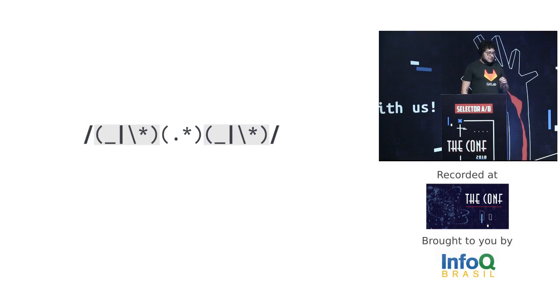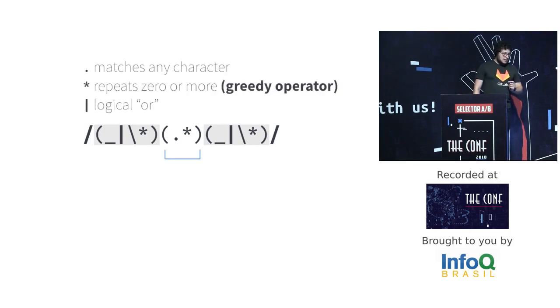So again, let's take a look at this regular expression. This part in the middle is actually the problem. The asterisk is considered a greedy operator. So what do we mean by a greedy operator? When the regular expression is being parsed, it goes from the beginning of the first match until the end of the text. So that's what the greedy operator does.